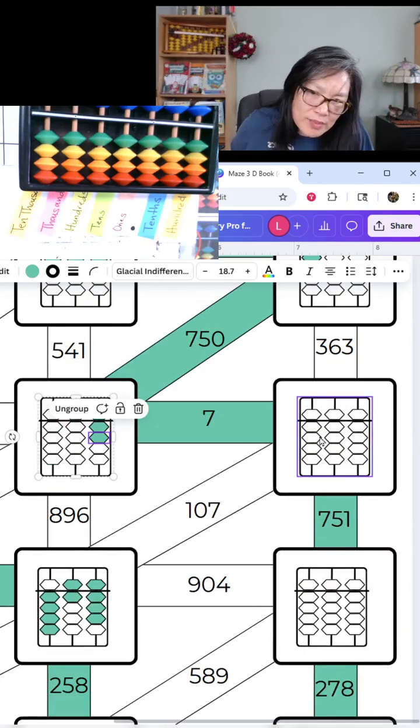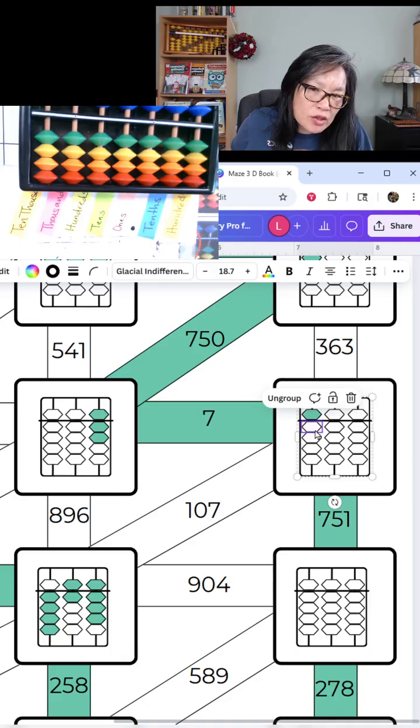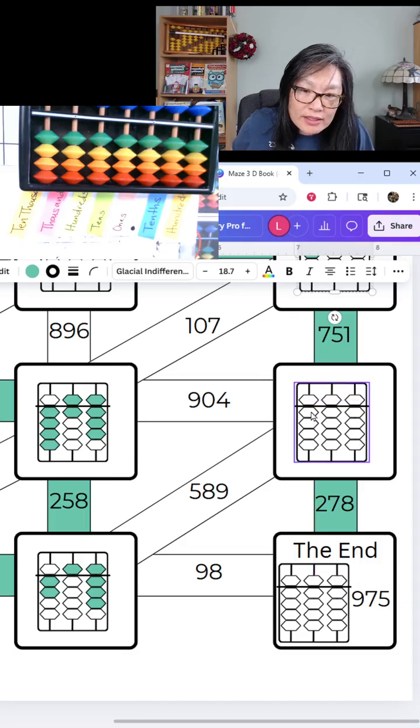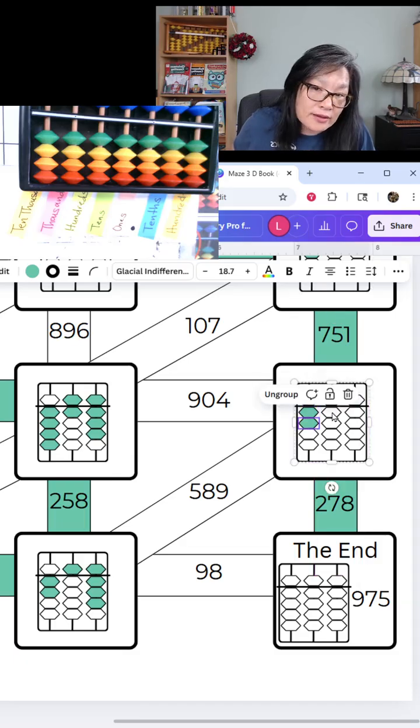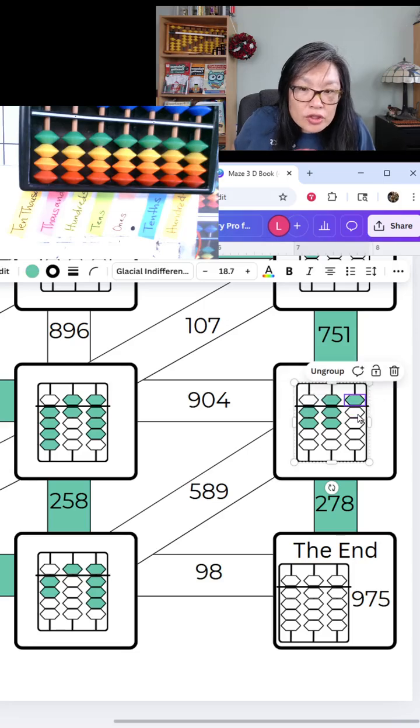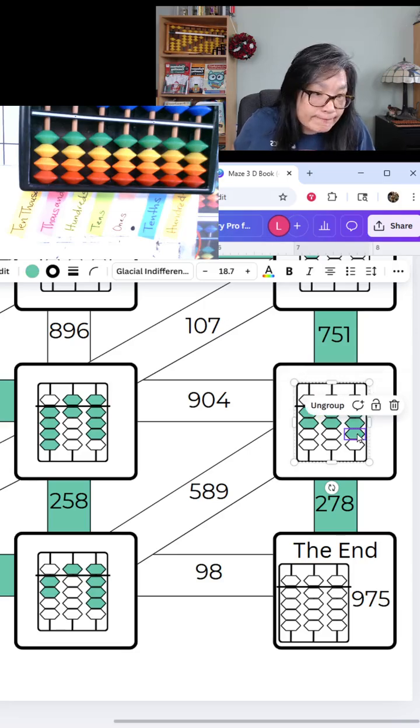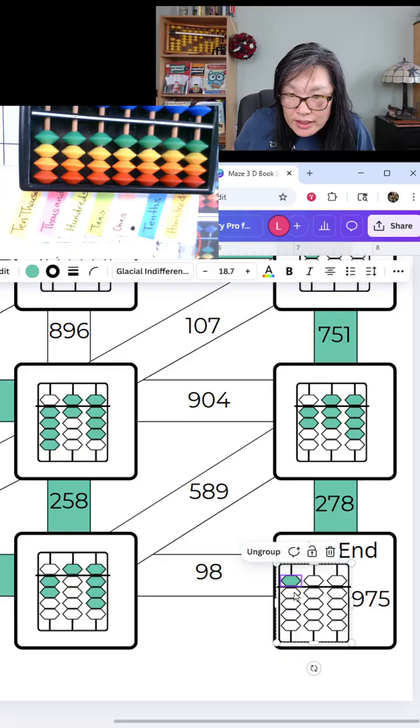The reason why is because abacus is very specific, and you can't really ask ChatGPT or find things out there that are as interactive as what I have. So I believe my stuff is pretty interactive and fun, and it's interesting for the kids to learn how to use the abacus. Yeah, cool. And then 900, 975.